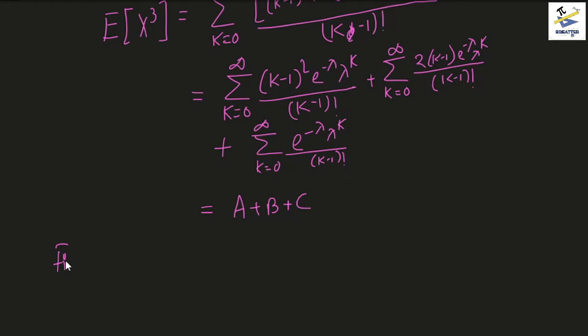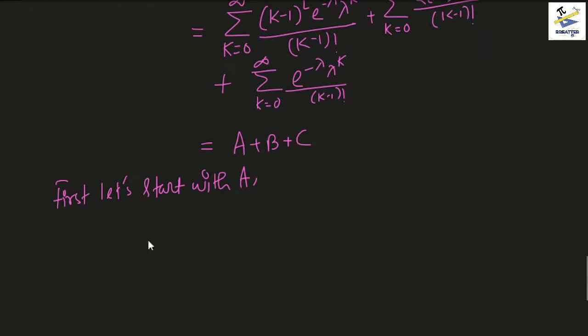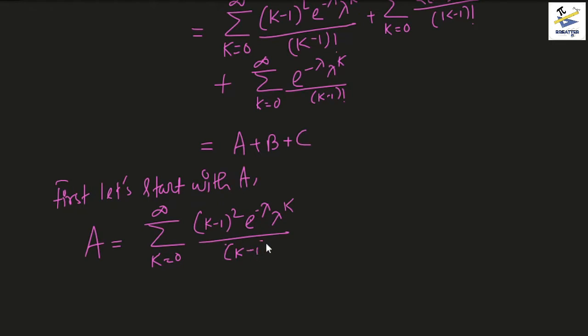Okay, first, let's start with A. So A would be summation of k equals 0 to infinity (k minus 1) whole squared e to the power minus lambda, lambda to the power k by (k minus 1) factorial.